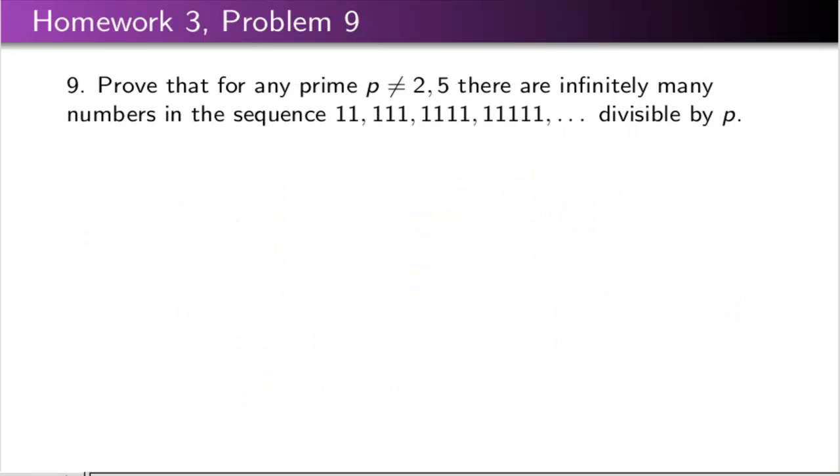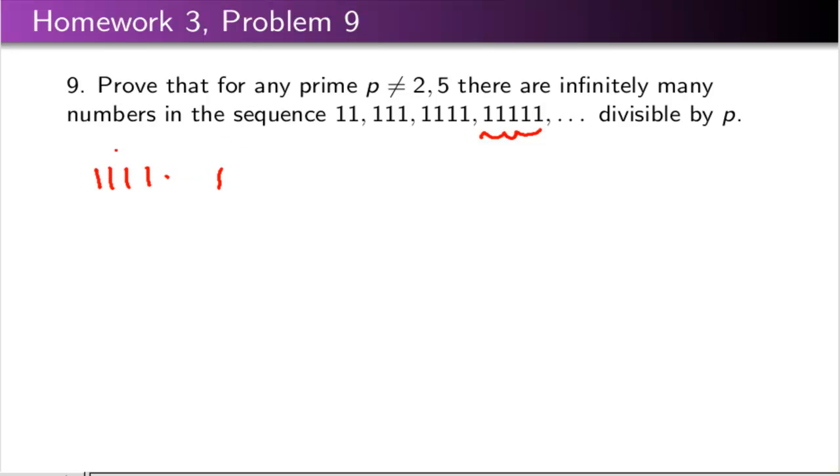Number 9. Prove that for any prime other than 2 or 5, there's infinitely many numbers in the sequence 1, 11, 111, 1111, and so on, divisible by p. So make this a congruence problem, and let's just rewrite one of these numbers. When you're talking about 1, 1, 1, 1, that means, let's do it like this.